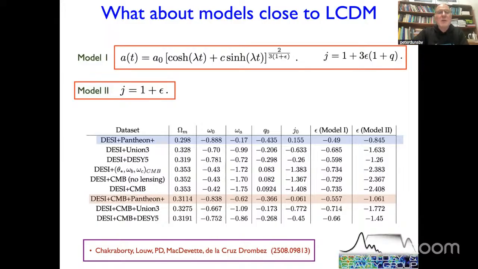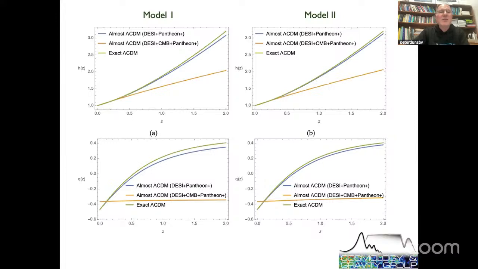If we now plot the expansion history and the cosmographic parameters, here we have the Hubble rate for model 1 and model 2. Green is the exact lambda CDM model.